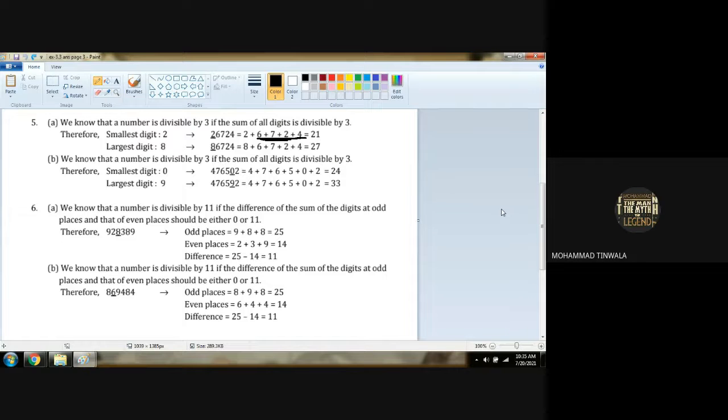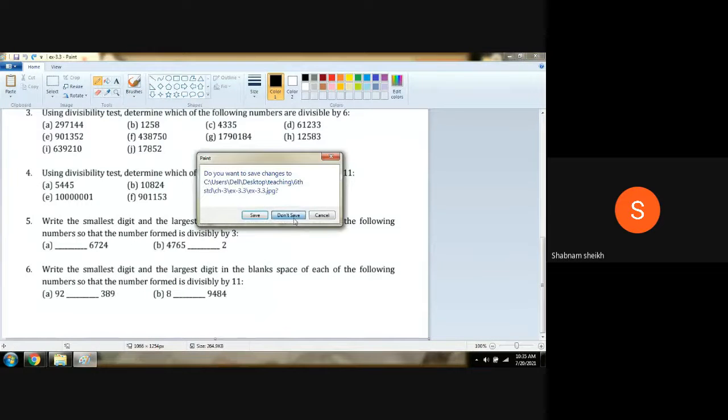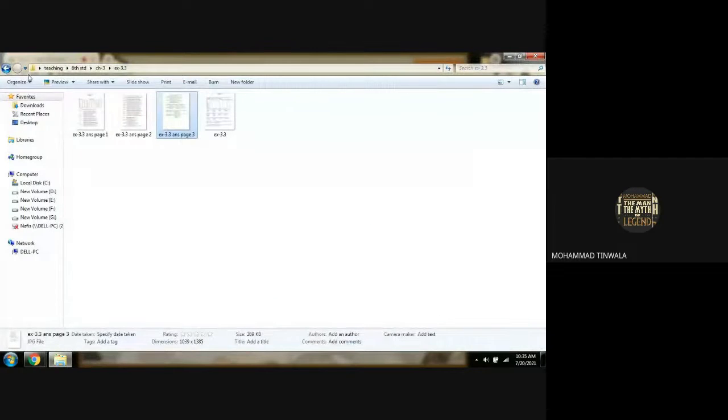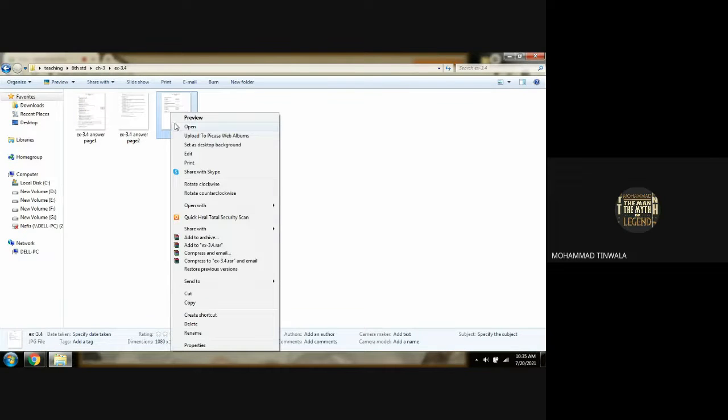Have you done this? Have you taken a photograph of the answer, girls? Yes, sir. So with the help of this, we have finished our exercise 3.3. Chalo, exercise 3.4.